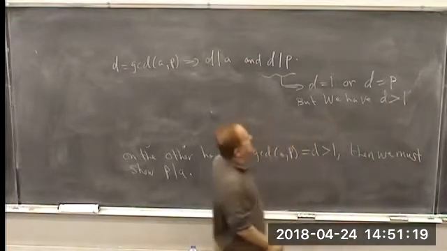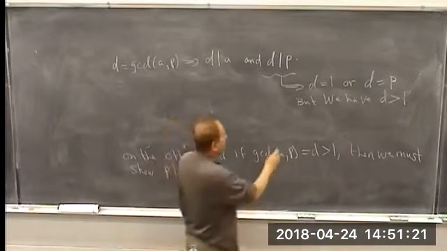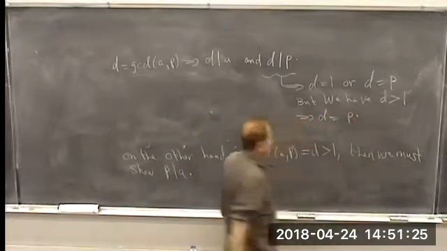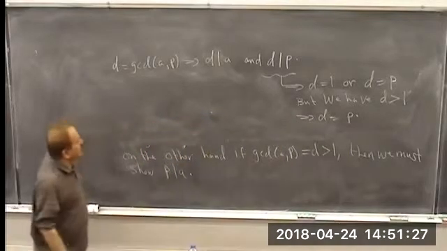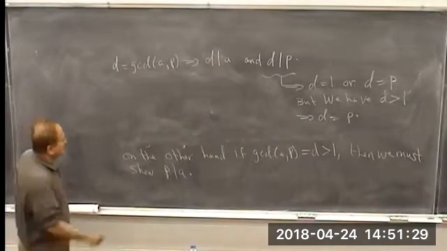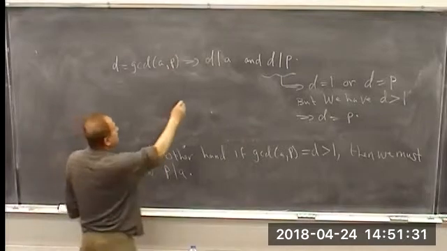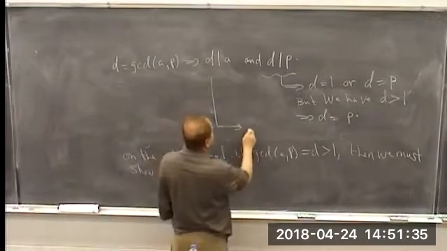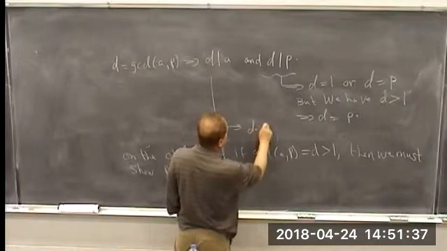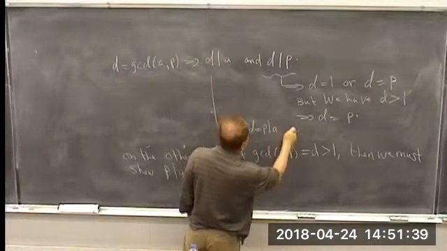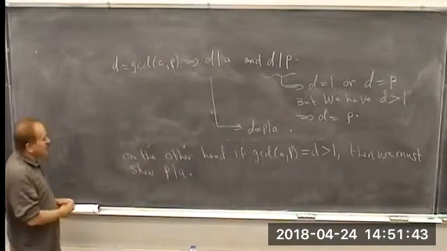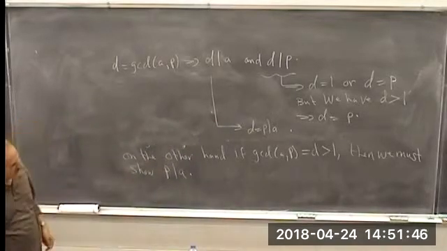So in other words, this implies we only have D equal to P. All right? Now, let's see what we have in here. Together with this, it implies D, which is equal to P, divides A, and we are done. So we have shown that P actually divides A. So that's it, there's nothing to it.